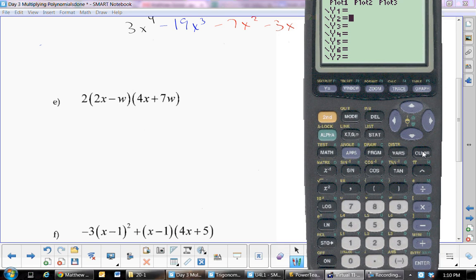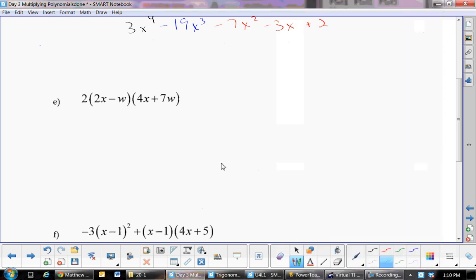Okay, next, E. Now this one here, does anybody know how to tackle this one? Yeah. Okay, then you do the 2x minus w, then do it again, then put bigger brackets around.